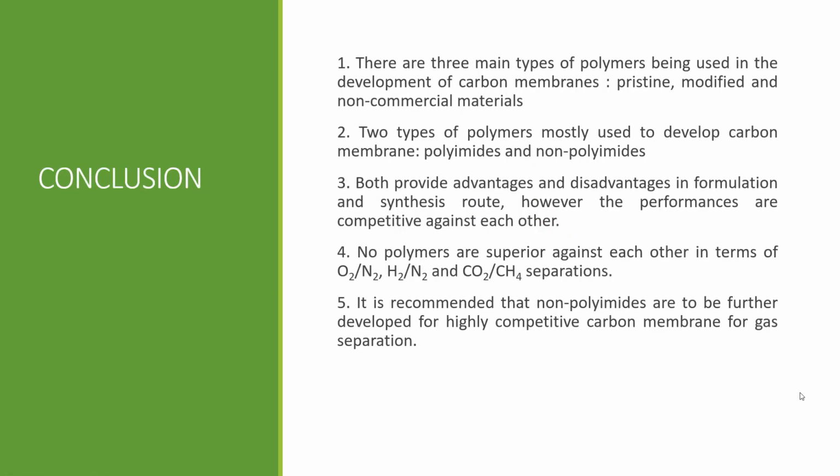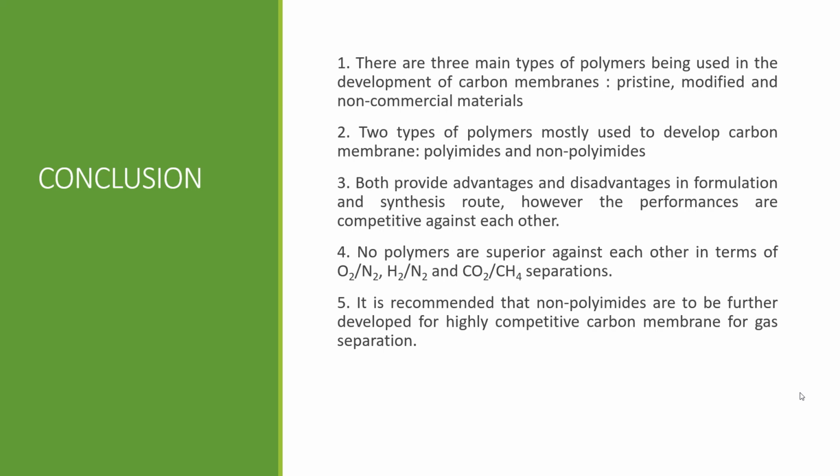So we can conclude, based on this slide, that there are three main types of materials being used in the field of carbon membranes: pristine, modified, and non-commercial materials. You can ignore the non-commercial materials and focus on the pristine and modified polymers. The polymers can further be categorized into polyimides and non-polyimides. Both have advantages and disadvantages in formulation and synthesis route, but the performance is competitive against each other.